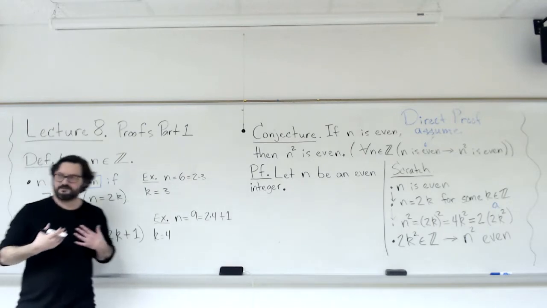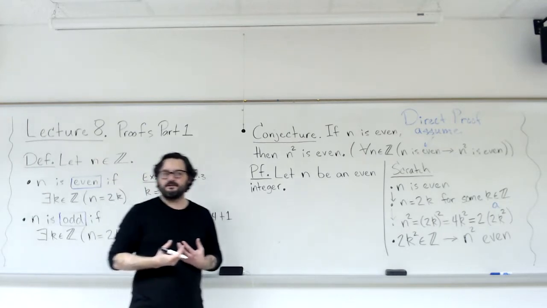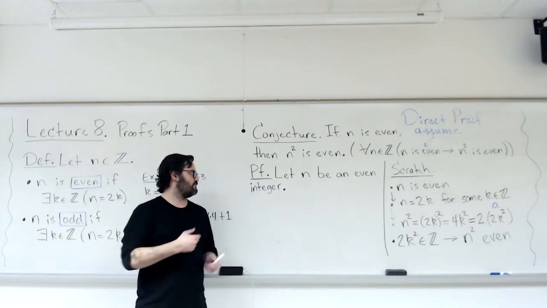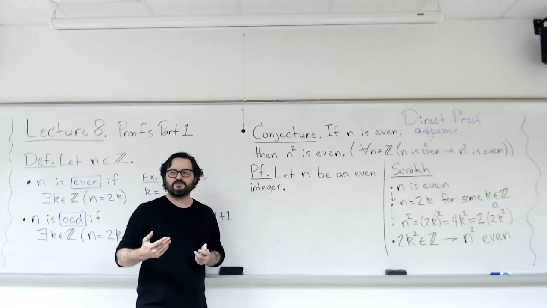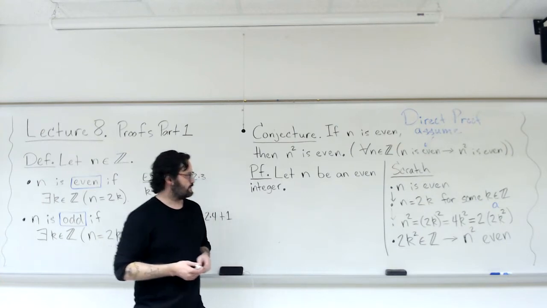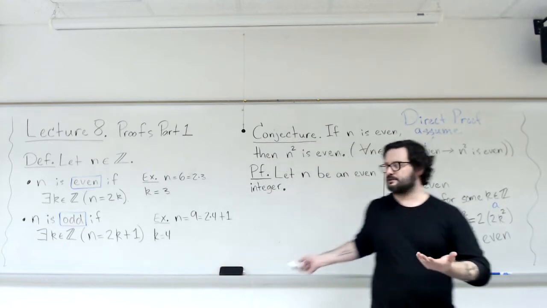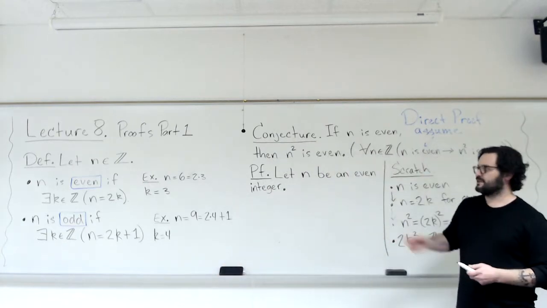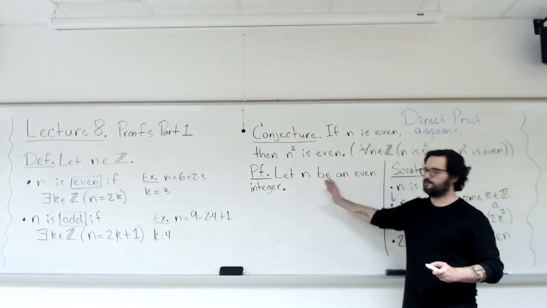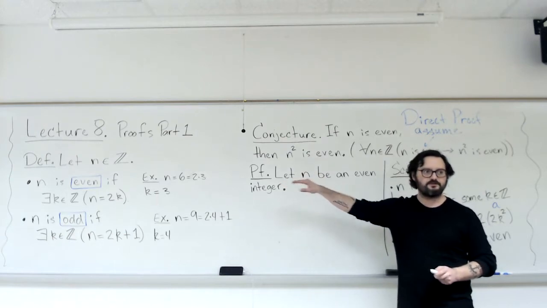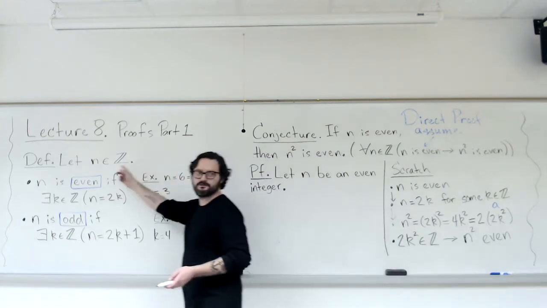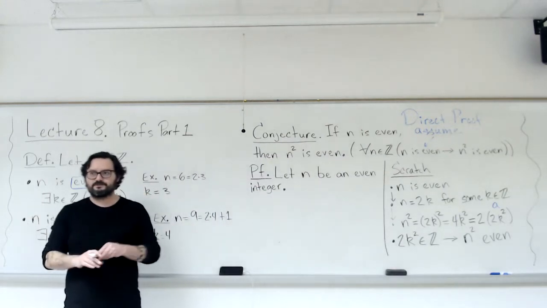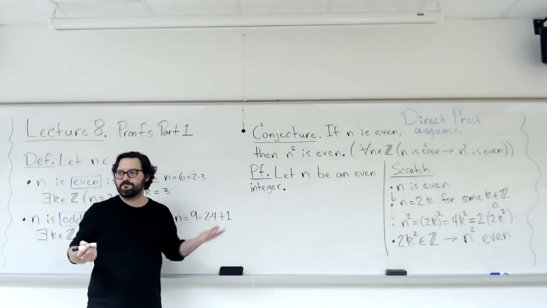We're writing out a story right now, and we want the reader to read each line without having to second guess themselves or pause, right? So is that first sentence clear? If you didn't know what even was, you could look up that definition and you're good. If you didn't know what an integer was, you could look up the definition of an integer. It's descriptive enough to get us started.